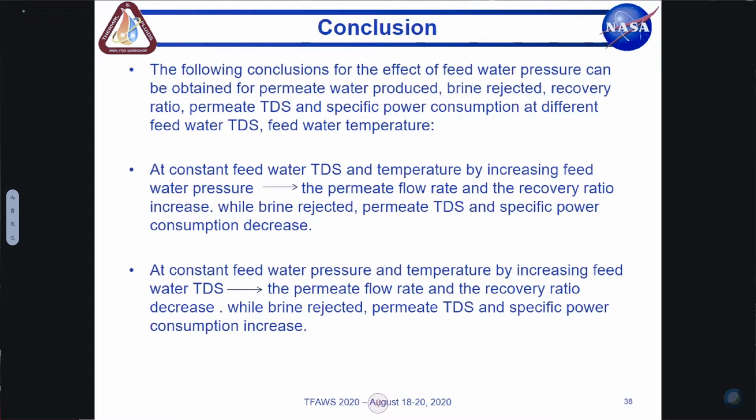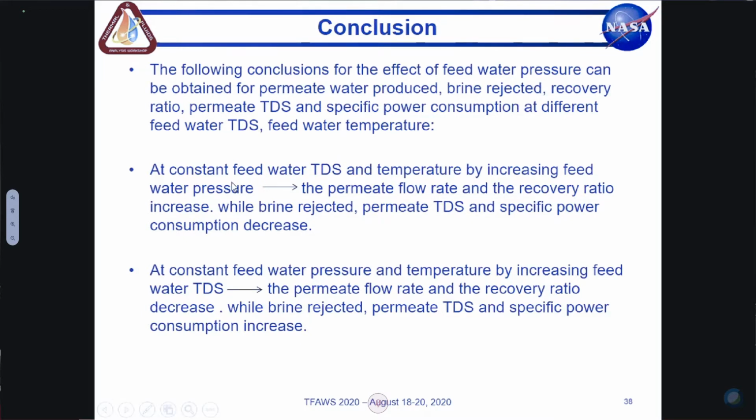Also, for the decrease in the specific energy consumption, the average deviation between the experimental specific energy consumption and the ROSA specific energy consumption at the lowest feed water pressure, 12 bar, will be about 10%, and at the highest pressure, it's about 6%.